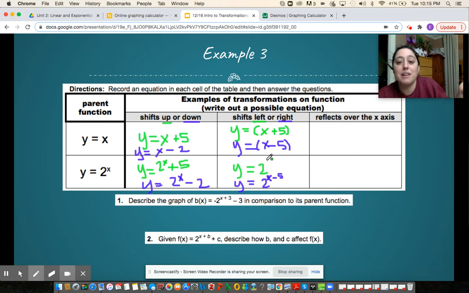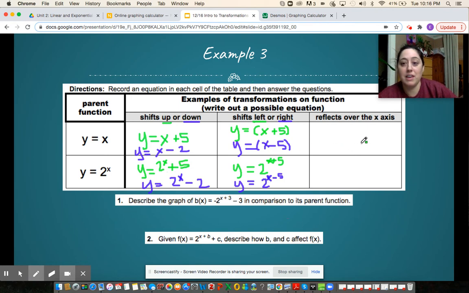It's the opposite of what you would think. So it's plus. Here it's a little bit more obvious how moving it up or down would affect it a little different than moving it to the left or to the right.